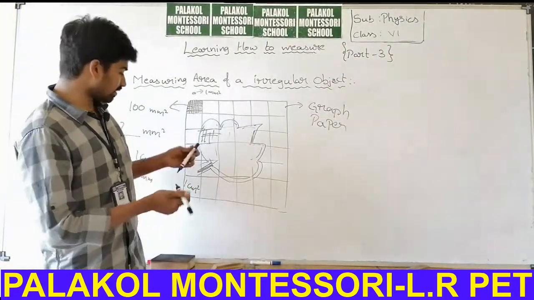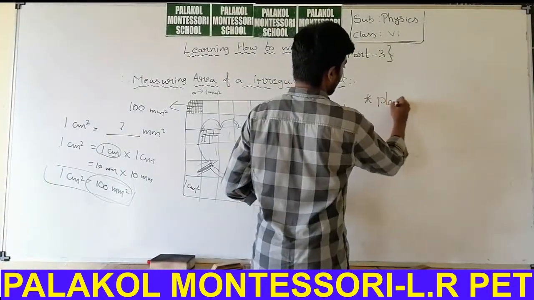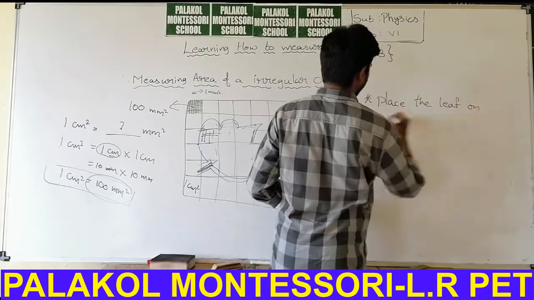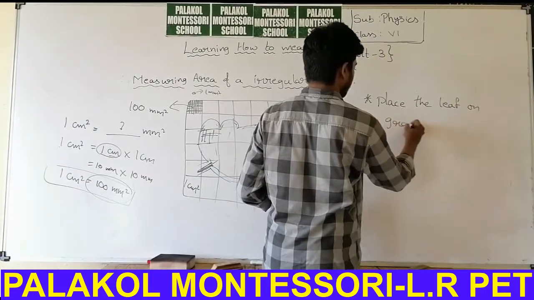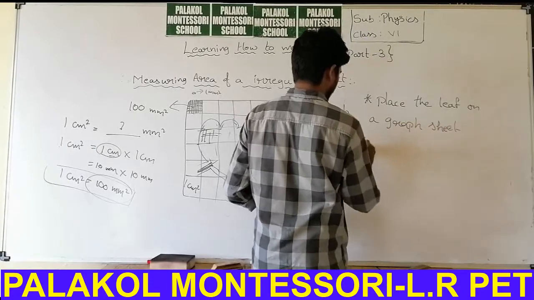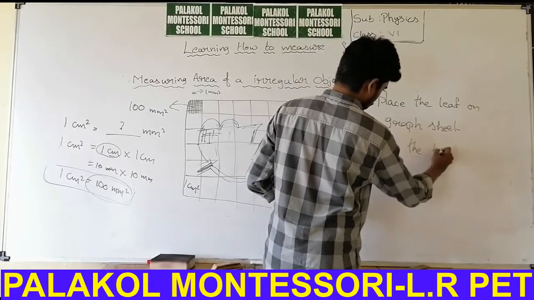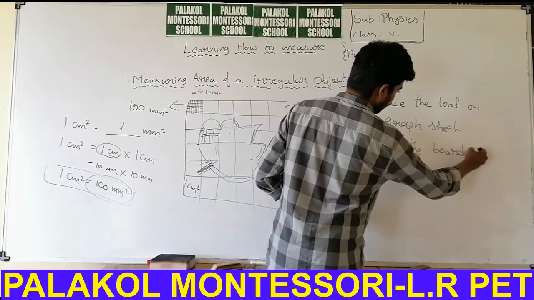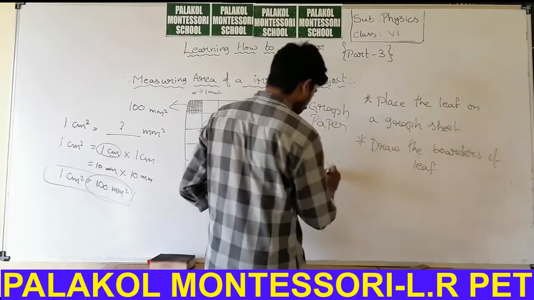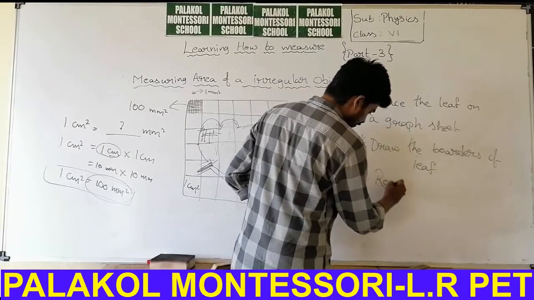So in this way, let us write the procedure. What is the procedure? Place the leaf on a graph sheet. Draw the borders of the leaf.